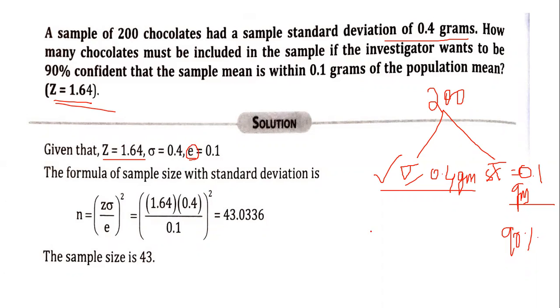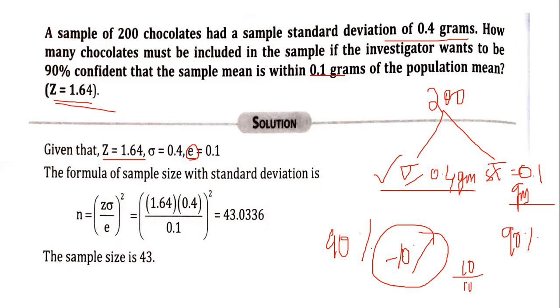Now, how do I know the standard error? I am 90% confident that the mean will be within 0.1 grams, but out of 100%, there is still 10% remaining. So 10 divided by 100 gives me 0.1. This is the standard error, denoted by small e. So I take that as the standard error.